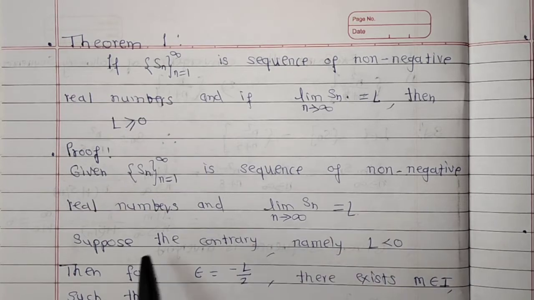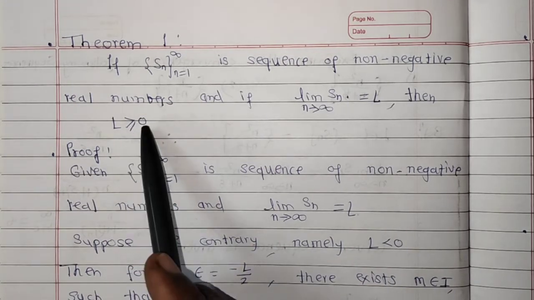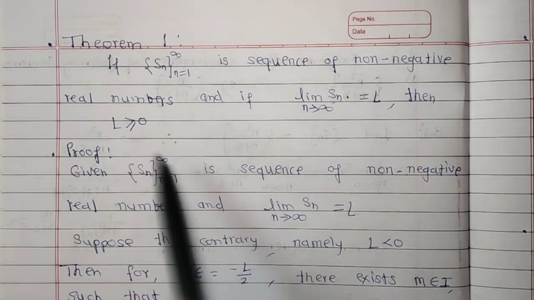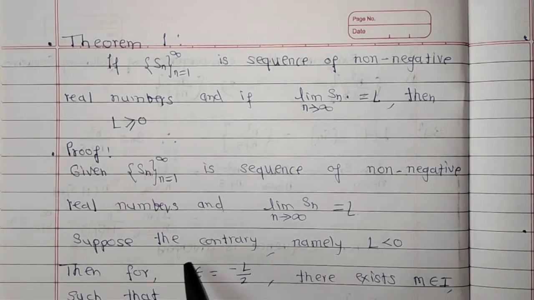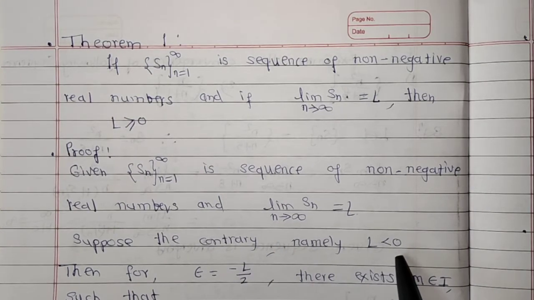That means we assume the contrary. So we assume that L is less than 0.